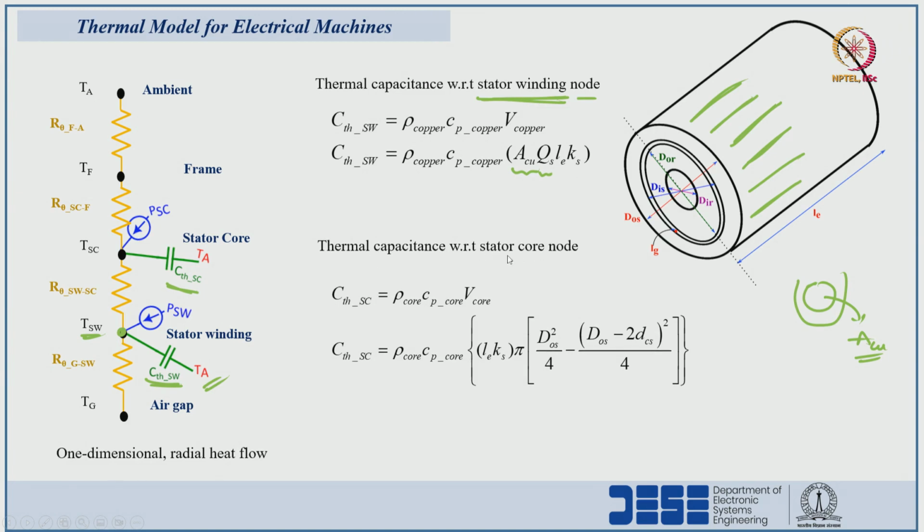The thermal capacitance with respect to the stator core is nothing but the density of the core material, that is steel or cast iron, and the specific heat capacity of the steel material and the volume of the core, considering only the back iron.